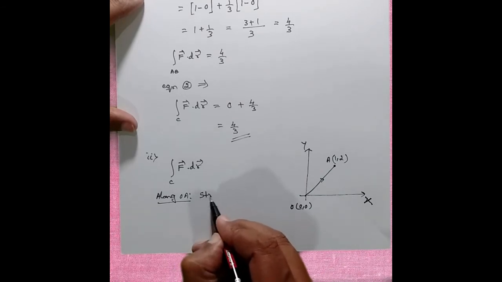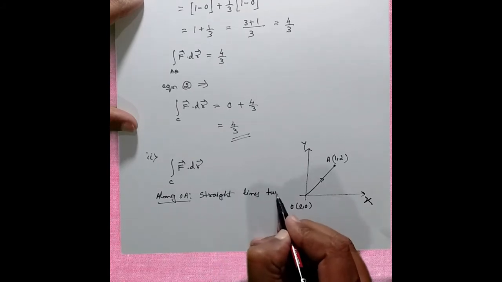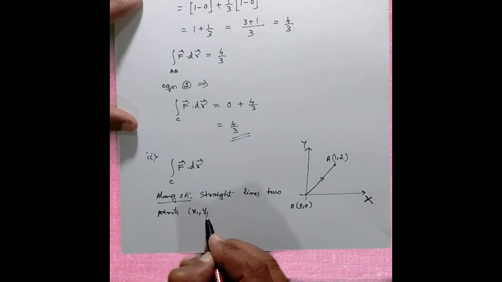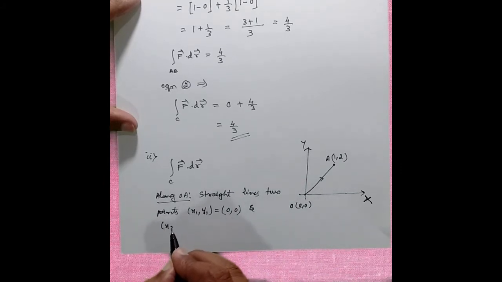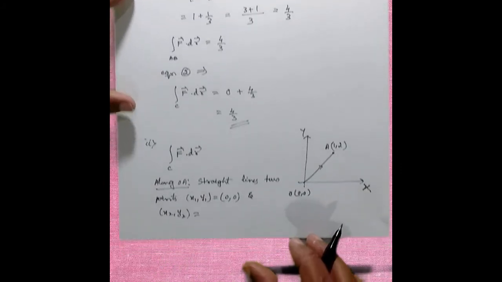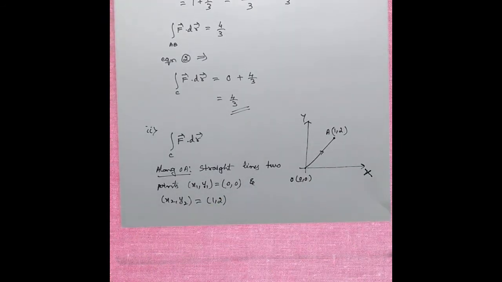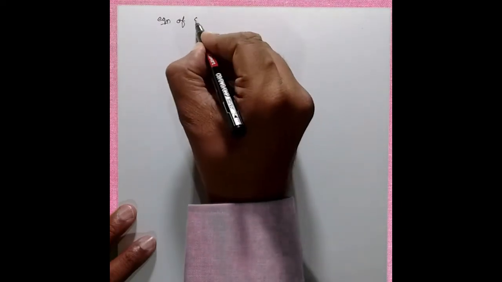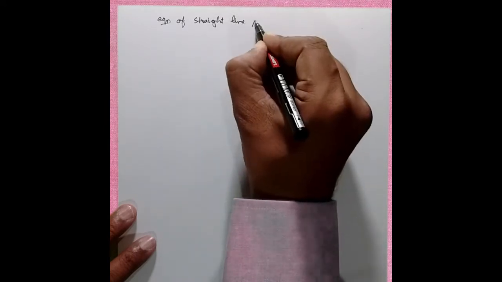So for the straight line joining 2 points x1, y1, where I am taking x1, y1 to be 0, 0, and you have x2, y2, the second point is 1, 2. We know the general formula, so we'll try to use that general formula, the equation of a straight line passing through 2 points.